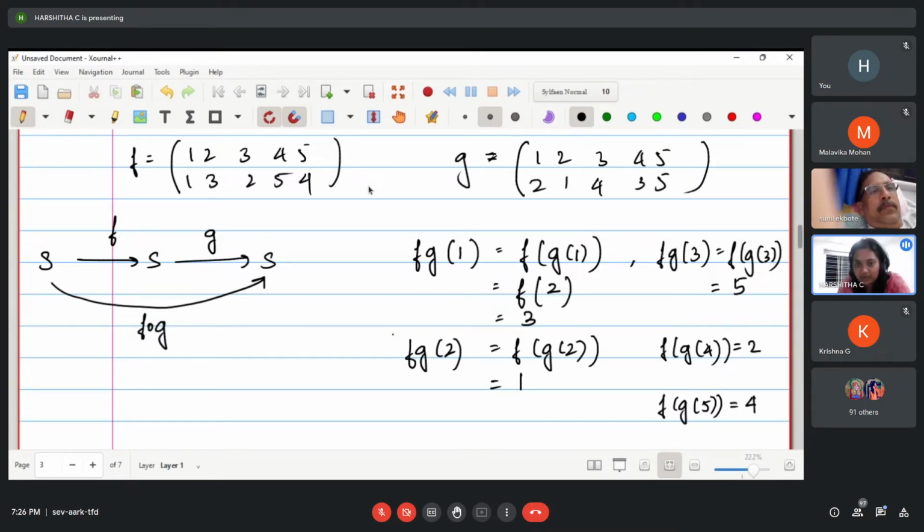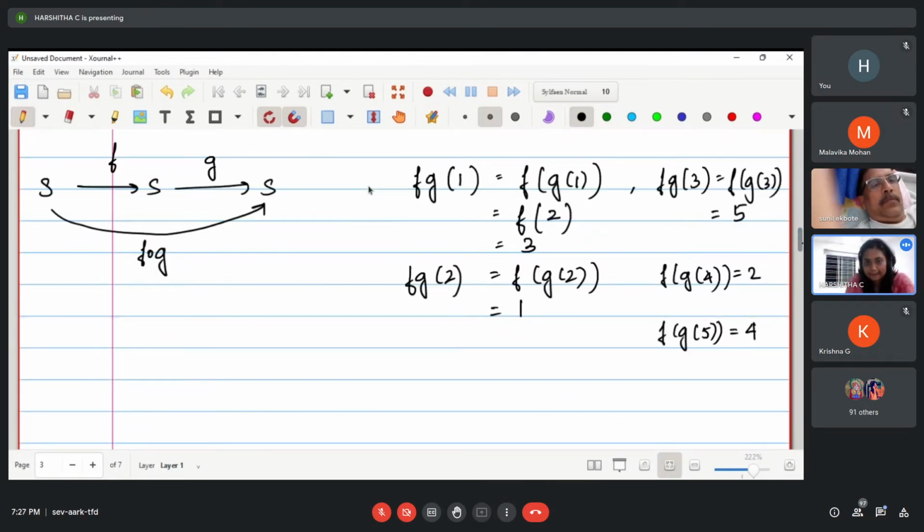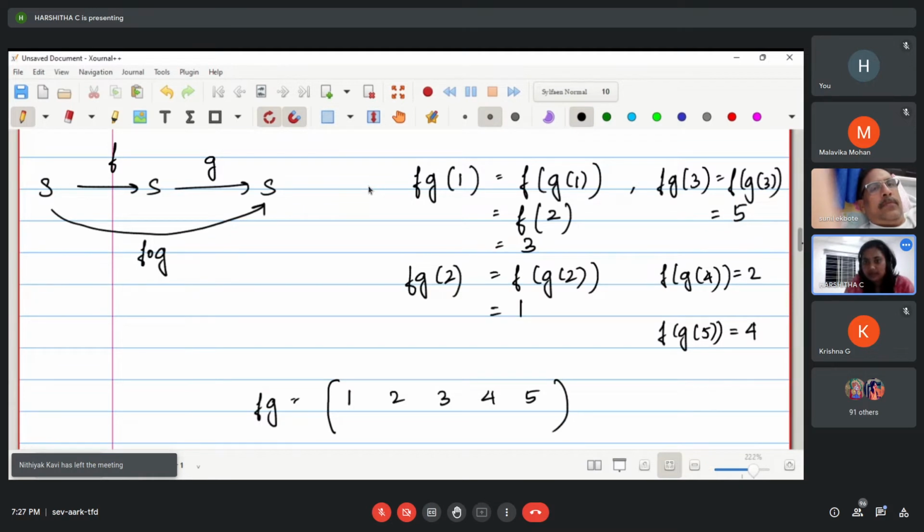Now let us see what we have got. This is F composite with G. FG is this permutation: 1, 2, 3, 4, 5. 1 has gone to 3, 2 has gone to 1, 3 has gone to 5, 4 has gone to 2, 5 has gone to 4.